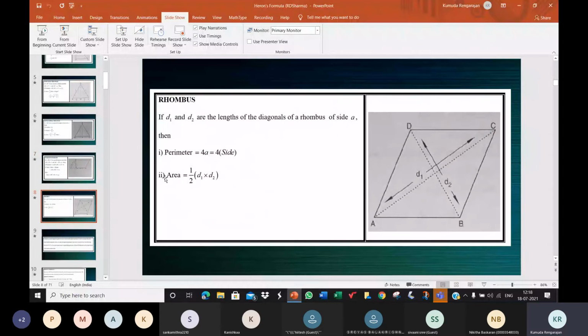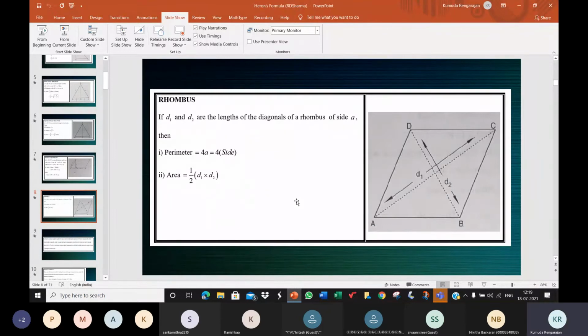The other formula to find the area of a rhombus is half the product of the diagonals, half D1, D2. Do we know that in a rhombus, the diagonals bisect each other at right angles?